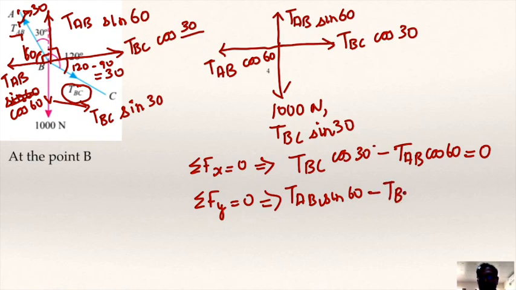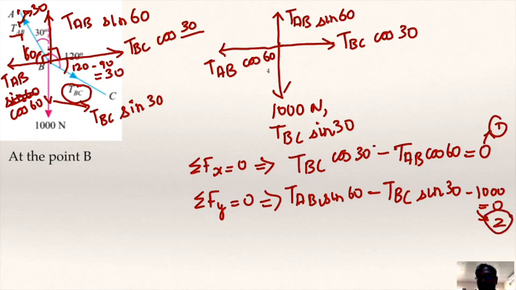So TAB sine 60 minus TBC sine 30 minus 1000 is equal to 0. So you have equation number 1 and equation number 2, right?